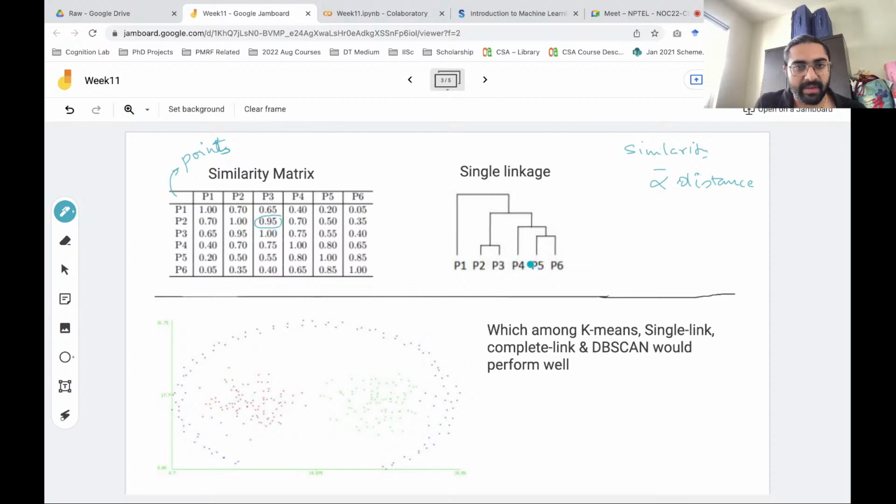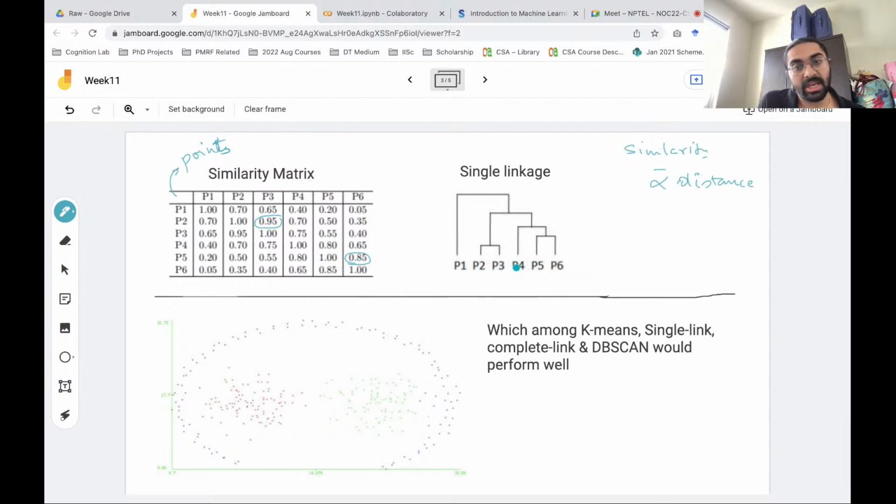Then you have P5 and P6 because they have 0.85, the next maximum. Then when you compare all the remaining points, the idea in single linkage is that now these two are combined.